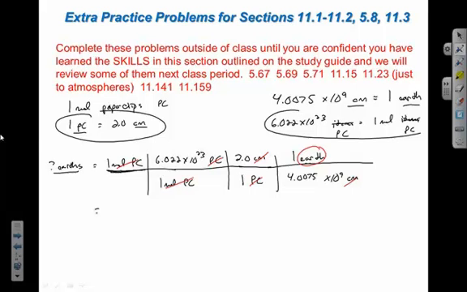We just need to put this in our calculator. So 1 times 6.022 times 10 to the 23rd times 2 divided by 4.0075 times 10 to the 9th, and I get 3.0 times 10 to the 14th Earths.